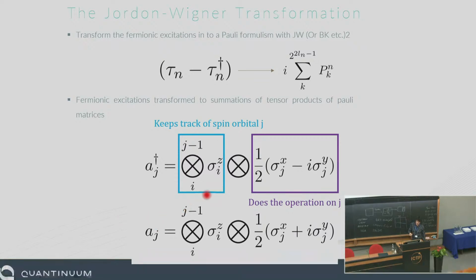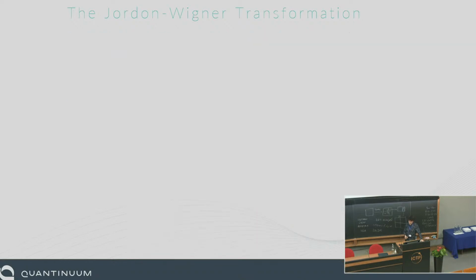And then the actual flip operation is done by this X minus iY here. And then that is equivalent to fermionic creation annihilation operators this way. This is the creation, X minus iY, and the annihilation, X plus iY, sorry.